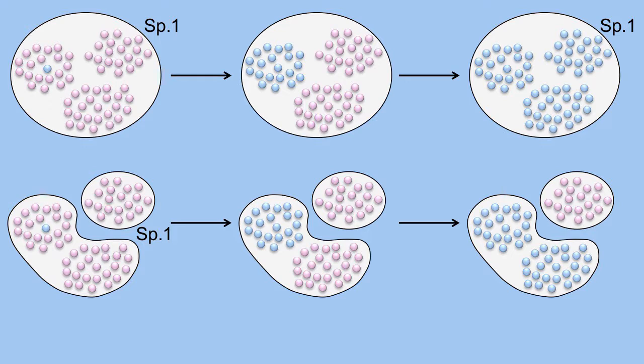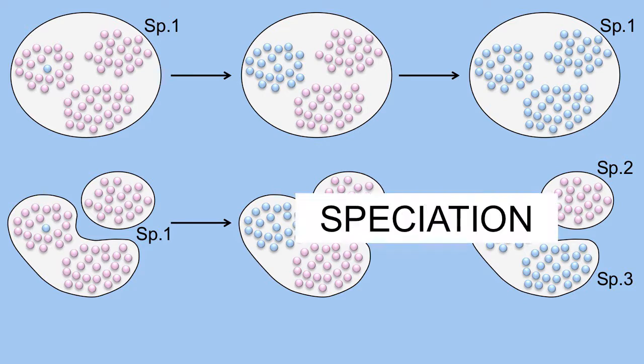Over time, other changes could evolve in one of the 2 populations, so that even if the blue individuals from the mainland met the pink individuals on the island, they wouldn't mate with each other. Or they would mate, but they wouldn't be able to produce fertile offspring. Then biologists would consider them different species. So species 1 would have evolved into species 2 and species 3. That's a process that we call speciation.